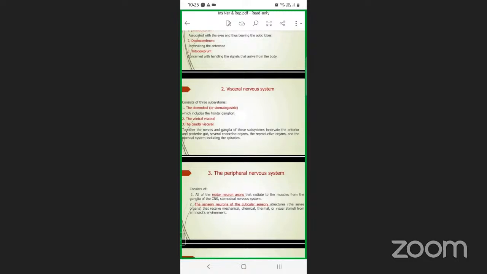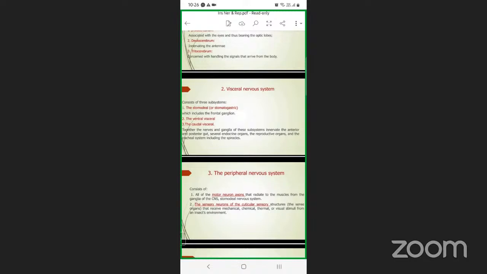And the ventral visceral nervous system is where we explain about the nerves which innervate the muscles and regulate the closing and opening of the segmental spiracles. And we also explain about the caudal visceral nervous system, where the caudal ganglion and the ventral ganglion supply the posterior portions of the hindgut region.